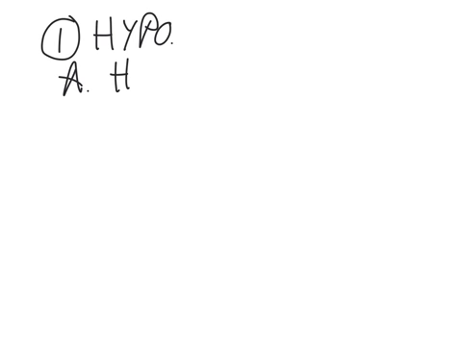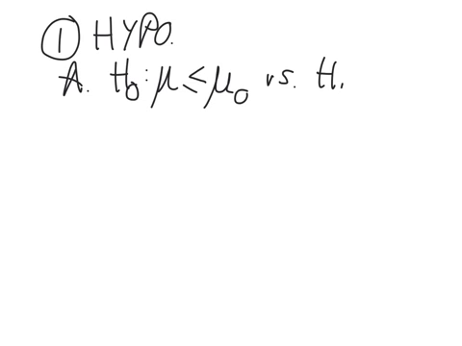So in the first case that I call case A, our H0 is mu less than or equal to some mu sub 0 versus mu sub 1, which is your alternate or your research hypothesis, greater than mu sub 0.